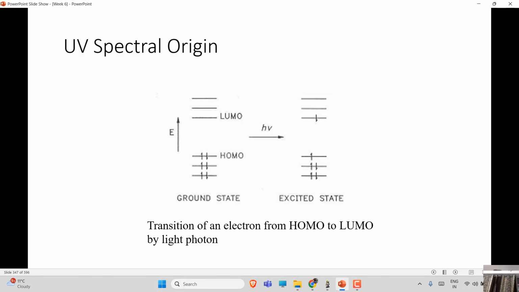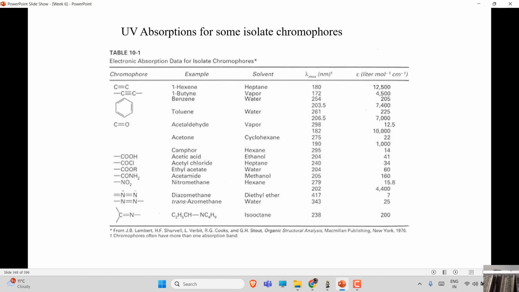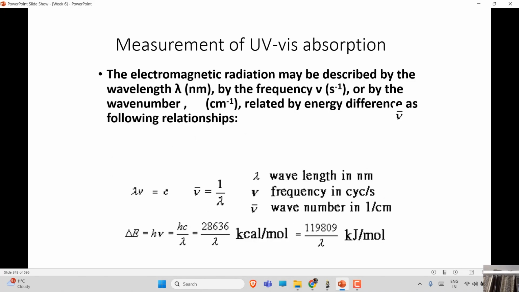Then we have the UV spectral origin: transition of an electron from HOMO to LUMO by a light photon. Now, UV absorptions for some isolated chromophores are here. You can see the table and the list over here. Now, how do you do the measurement of UV absorptions? The electromagnetic radiation may be described by the wavelength lambda in nanometers, by the frequency, or by the wave number, related by energy difference through the following relationships.